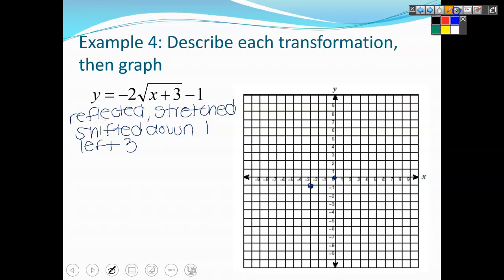And again, taking into account that it is reflected, instead of my next point normally going up 1, right 1, they would go down 1, left 1, but it's also stretched.